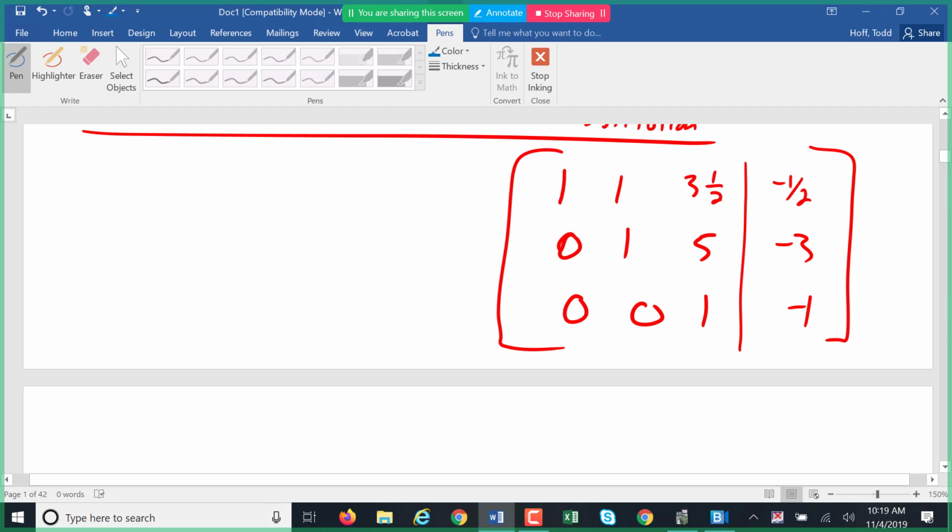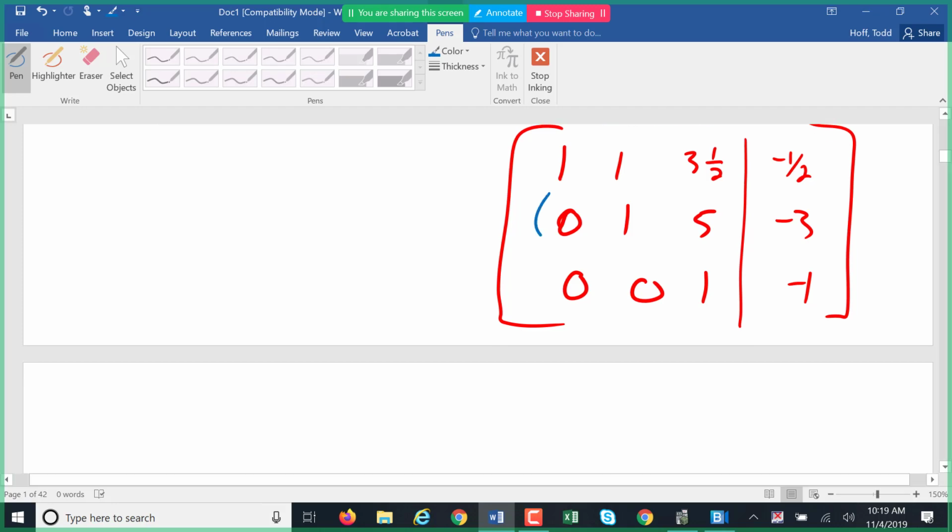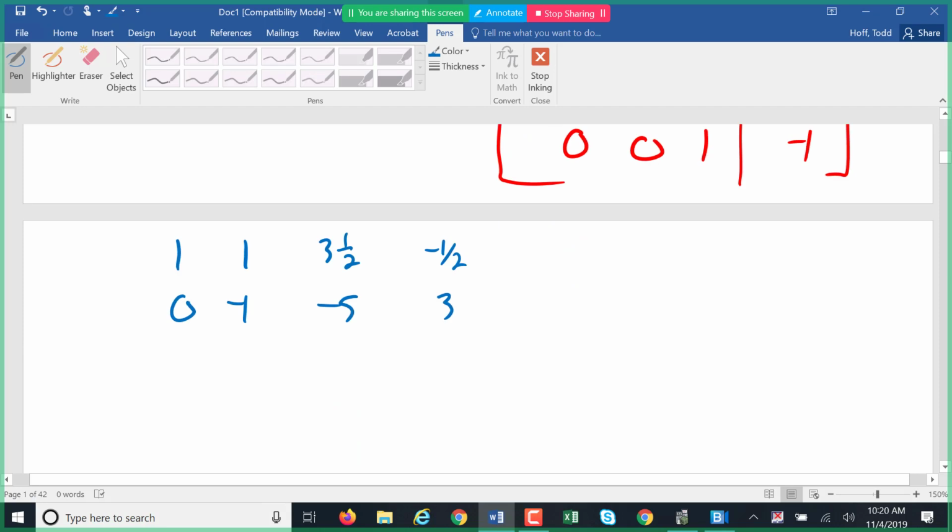So in order to try to accomplish that, I'm going to multiply this equation here by a -1. So the top has not changed. 1, 1, 3.5, -1/2. The second equation is going to become 0, -1, -5, and 3. Bottom line has not changed at all.